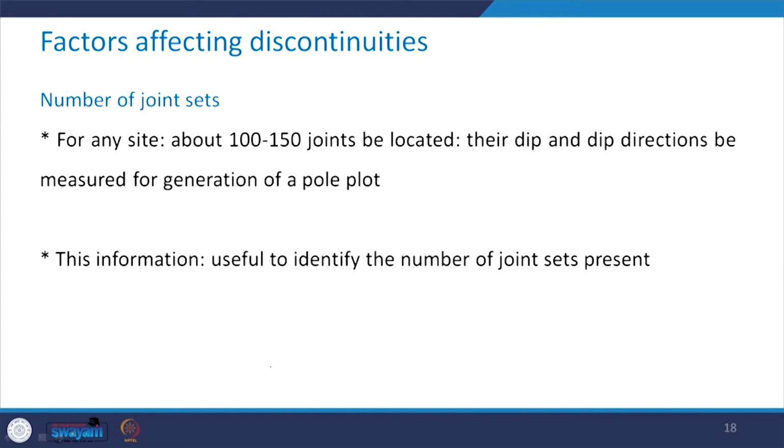At any site, how should we find out what all the joint sets present at the site are?